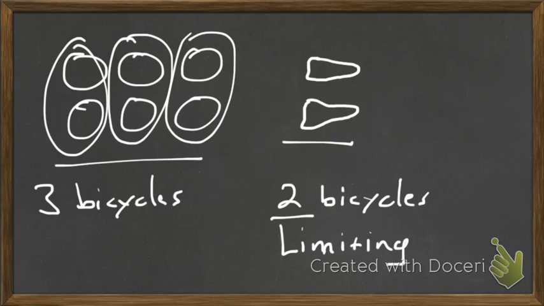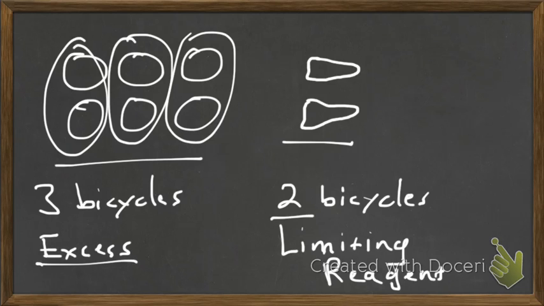So that means we would make our bicycles and we would have 2 tires left over. So the bicycle seats are what we call in chemistry the limiting reagent or reactant. And then the bicycle tires are what we say we have excess amounts. Sometimes you'll also see this as unlimited, but usually this is referred to as the excess material.